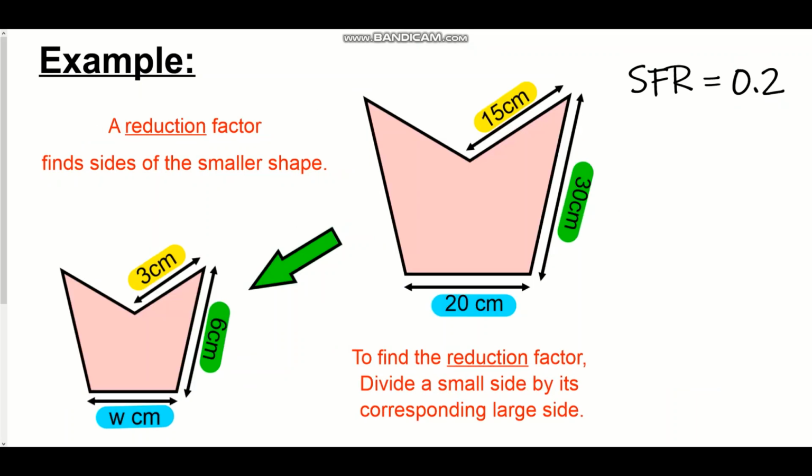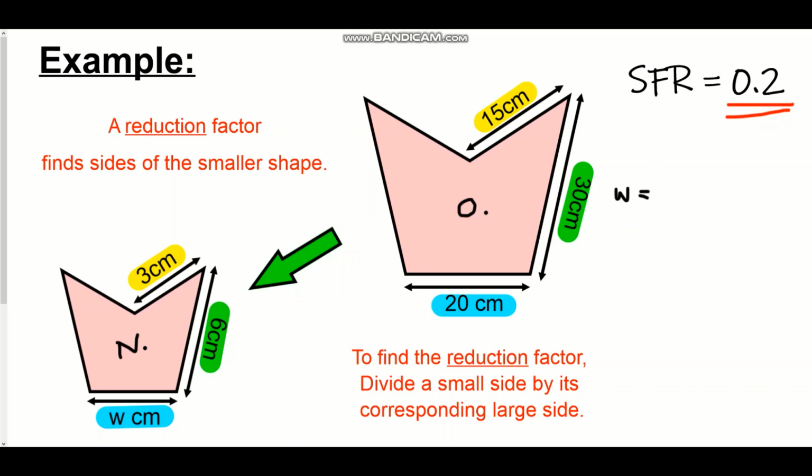I've also added a bit of additional information into the second example that we looked at. This is the scale factor reduction. In this case, my original shape is up on the right-hand side, and we're traveling through scale factor to our new shape down at the left-hand side. We figured out in the previous example that my scale factor reduction was 0.2. So all I need to do to find W centimeters, which is a variable here, I don't know how big this is yet, is write down W for a start, just to show what side I'm looking at.